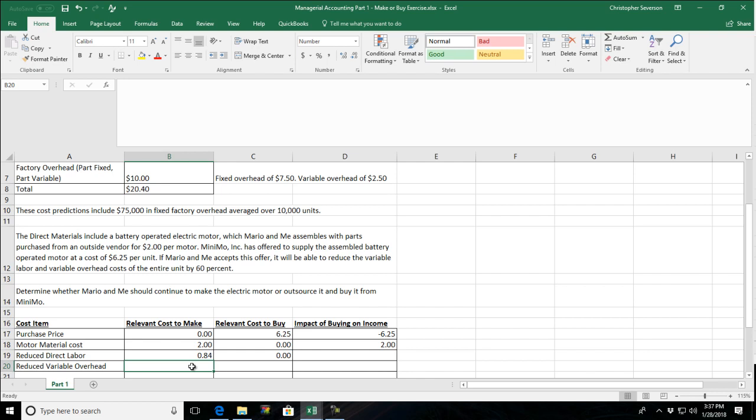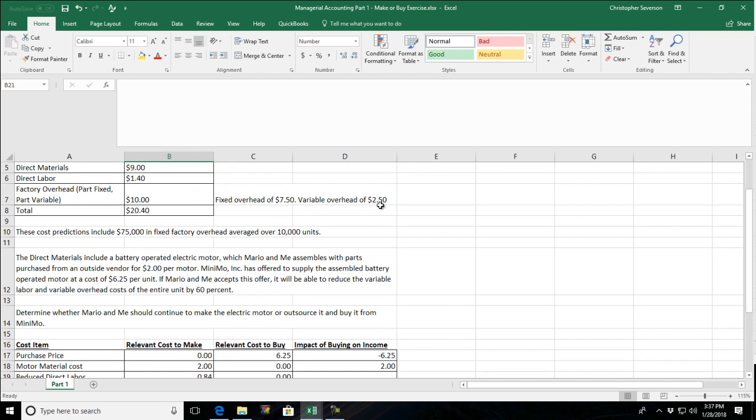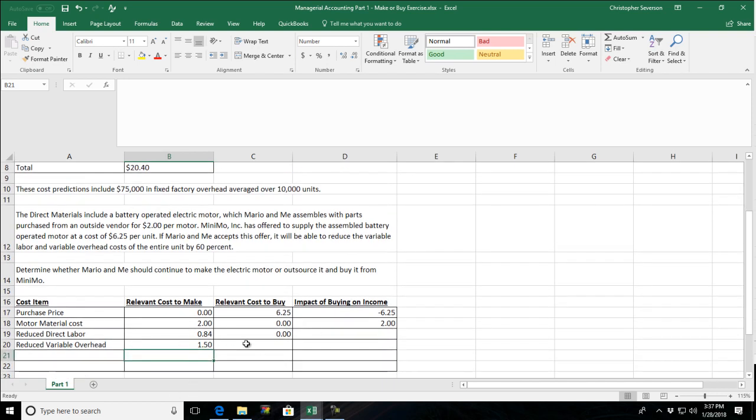It costs us extra. So $2.50 times 60%, that's $1.50 that we were not saving because we decided to make it. In other words, the other dollar is going to be there under either alternative, therefore we don't even want to consider it.